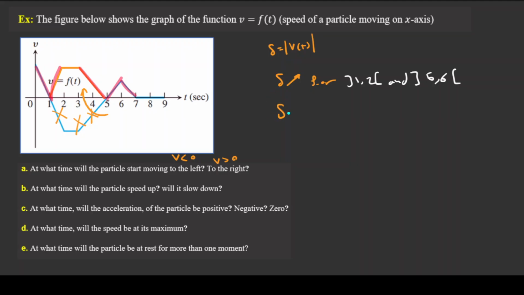So, as we said guys, speed slows down from 0 to 1, and also 3 to 5, and 6 to 7.